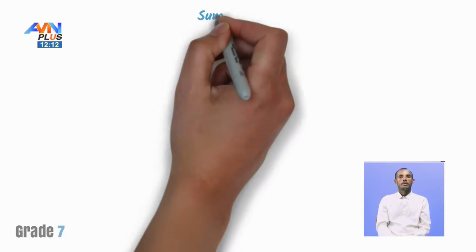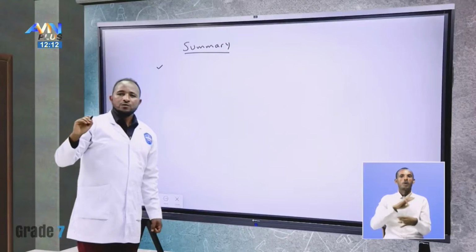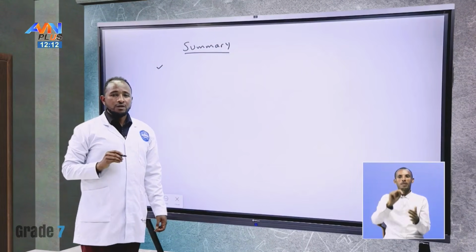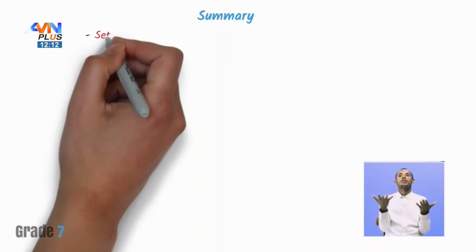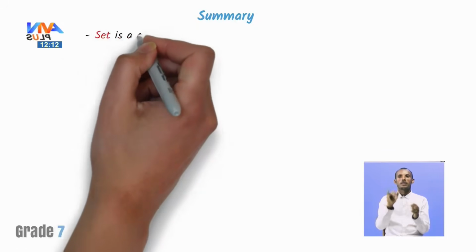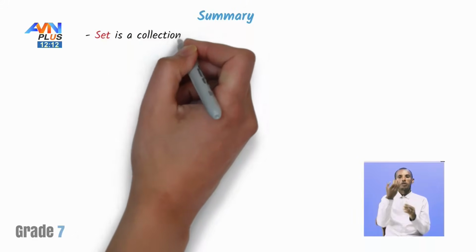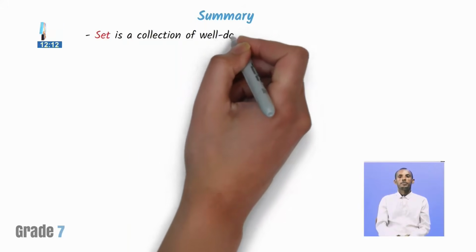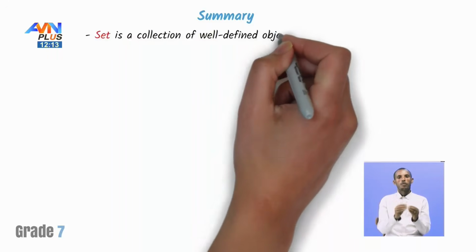Okay, so this is all about today's lesson, and let's summarize what we have seen. Summary. 1. Today we have seen what a set is. We defined a set as a collection of well-defined objects.